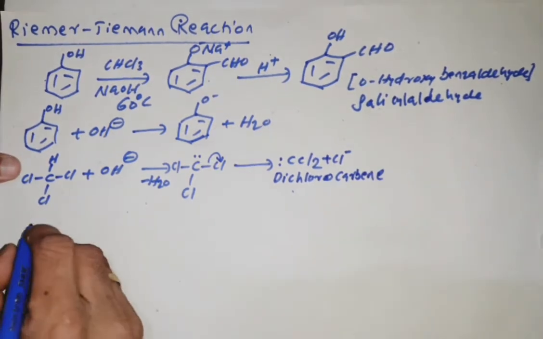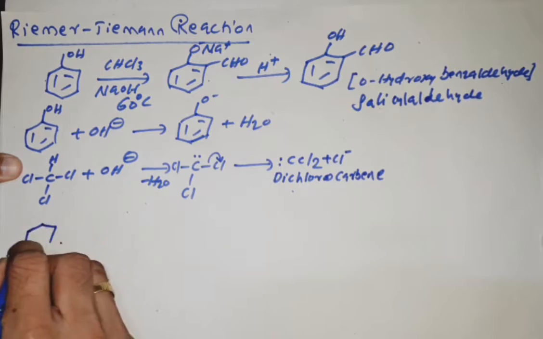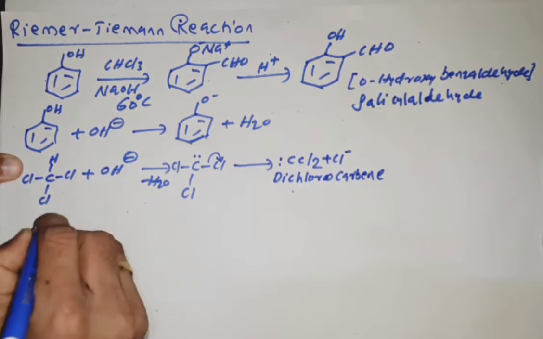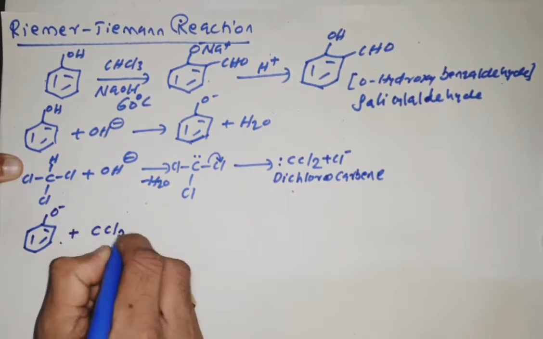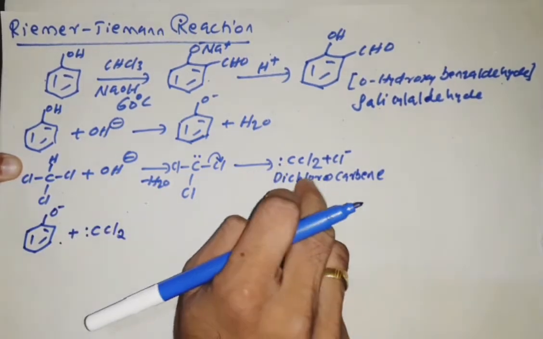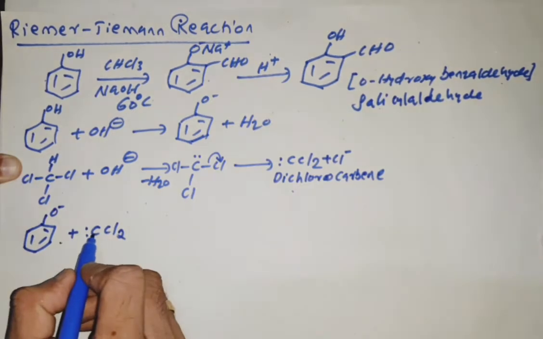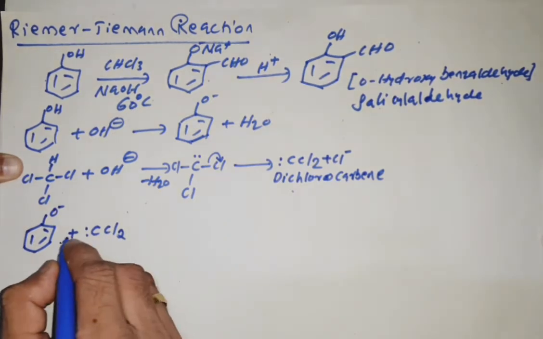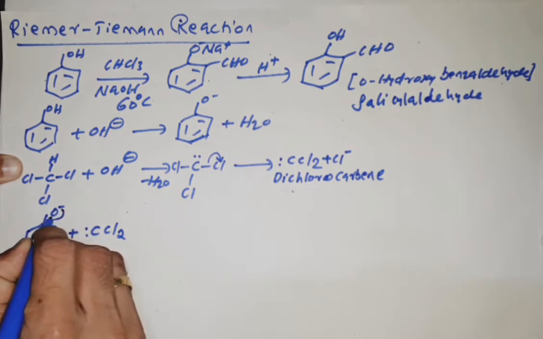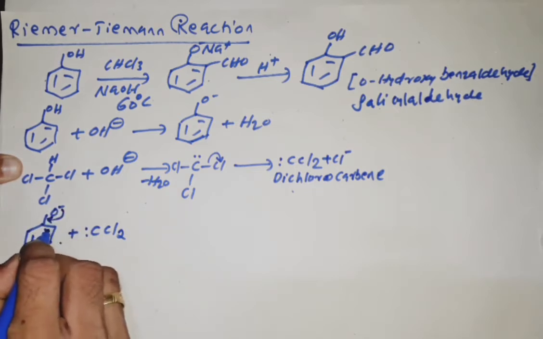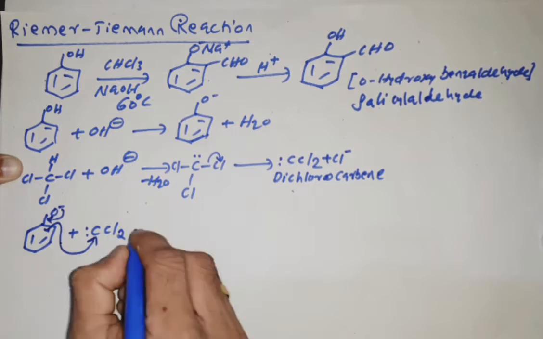Then this phenoxide reacts with this dichlorocarbene. This dichlorocarbene behaves as an electrophile because it is electron deficient. So here this negative charge shifted to here, this pi electron shifted to here.